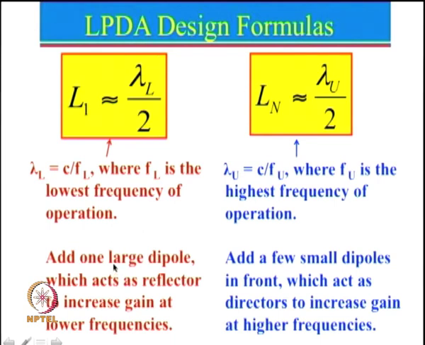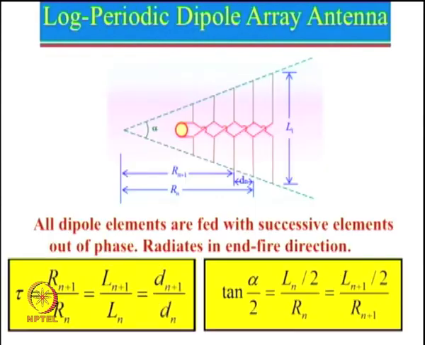What I want to tell you is that after this length here, even though most of the books tell you to take this as L1, what I am recommending is that you add one more large dipole behind this L1, which will act as a reflector to increase the gain at lower frequency. In the figure, we are recommending that you put one more antenna over here that can act as a reflector antenna.